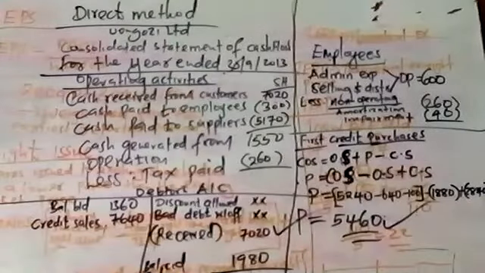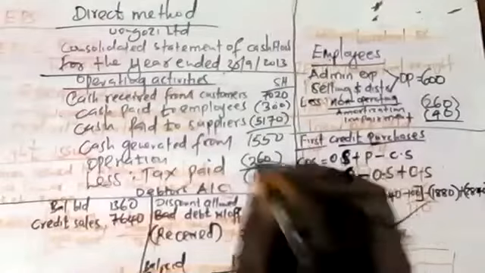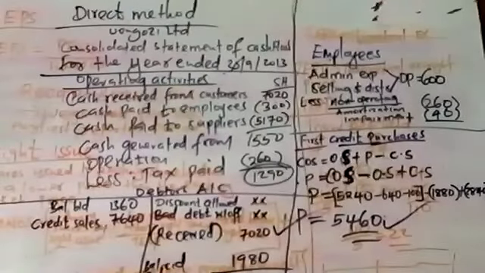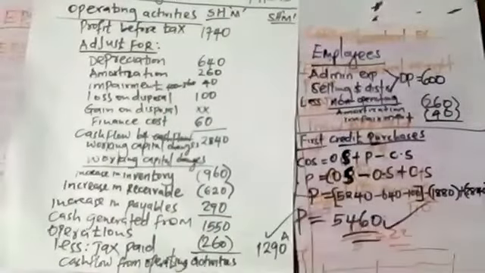So I think you are getting 1290. This is the same figure we arrived at when we used the indirect method. So it's supposed to be the same.